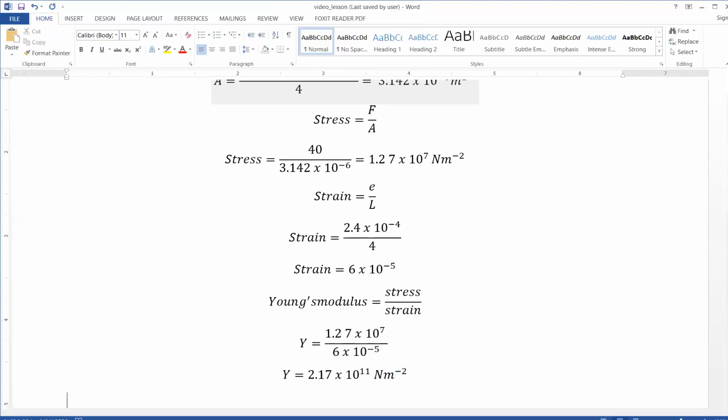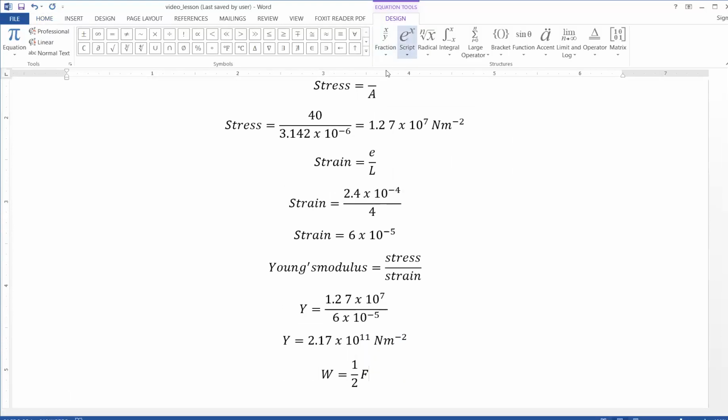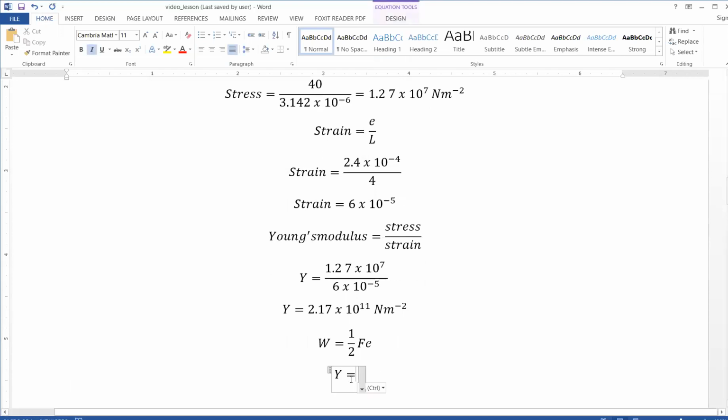And lastly, we're asked to calculate the energy. So the energy formula, you can use W as energy is half Fe, right? So if we apply this formula, your work done is half multiplied by the force, which is 40, then multiplied by the extension, and the extension is 2.42 times 10 to the power negative 4.